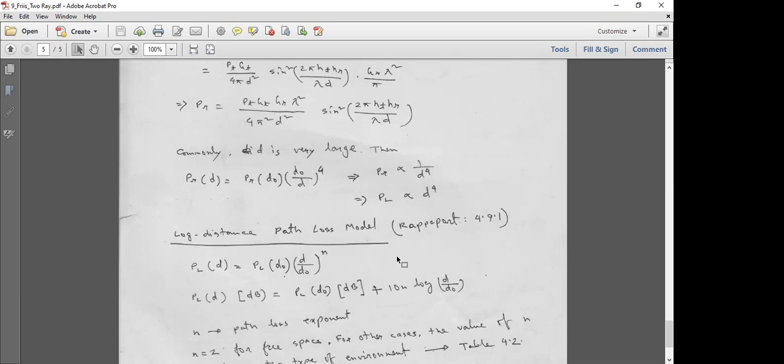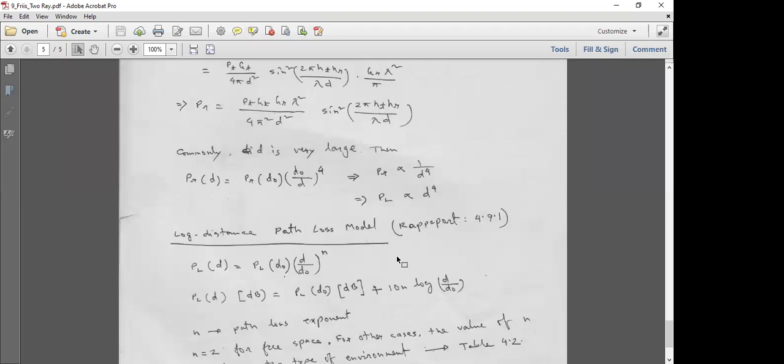Path loss models are also available for the non-LOS case. In practice, you can have many different objects around in a particular environment, and for all these environments you'll find the path loss varies, but with different exponents. 2 is the smallest, and 4 is also pretty high, but it can be even higher.